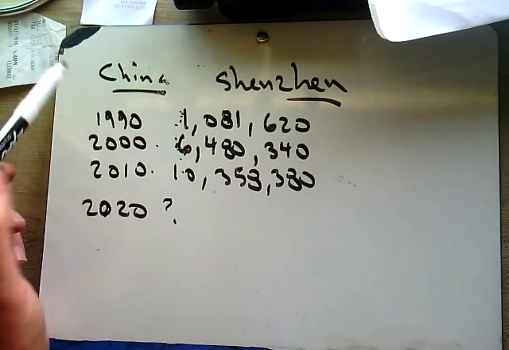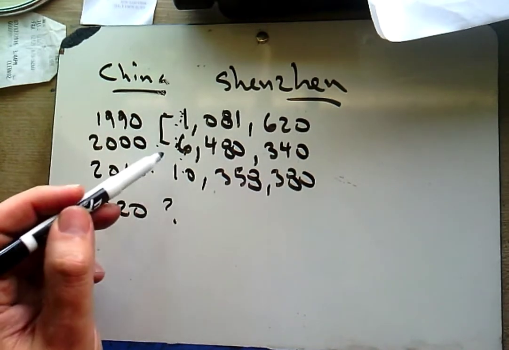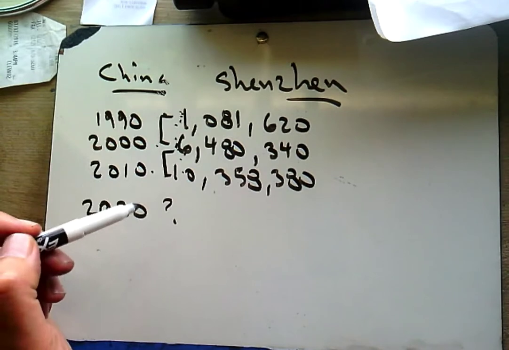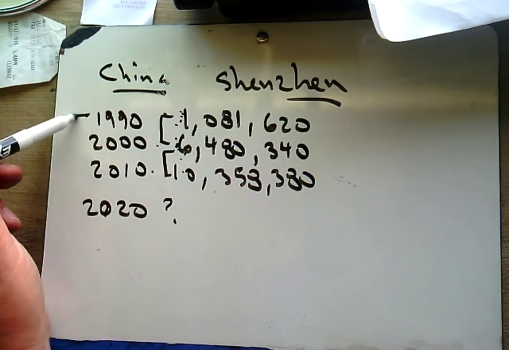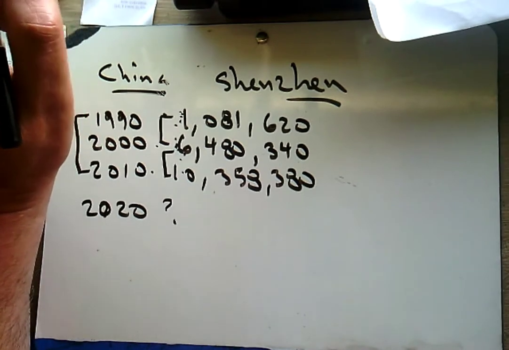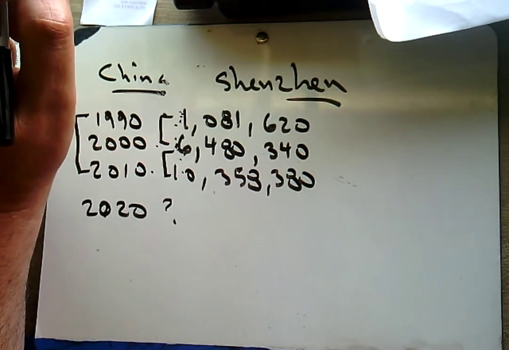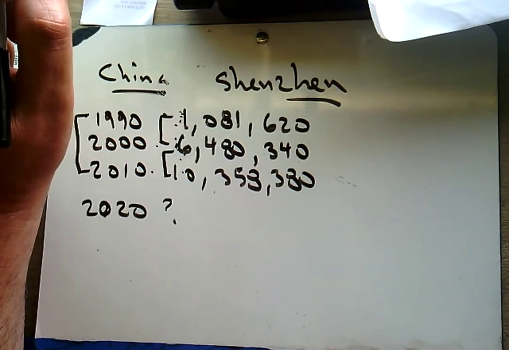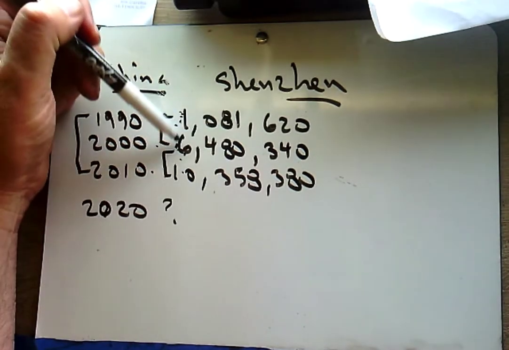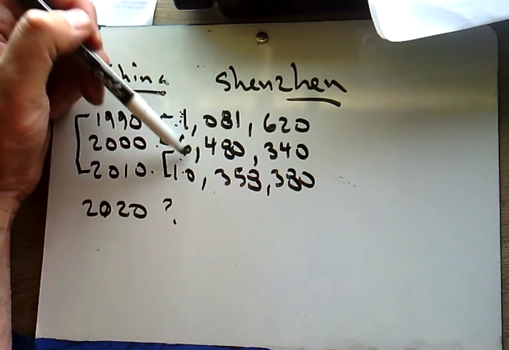Do I build the model with the first 2 data points? Do I build the model with the second 2 data points? Or do I build the model with the first data point and the last data point? Because what I know is all of these models are going to be different. We know this because here we went up by 5.5 million, but here we only went up by 4 million.